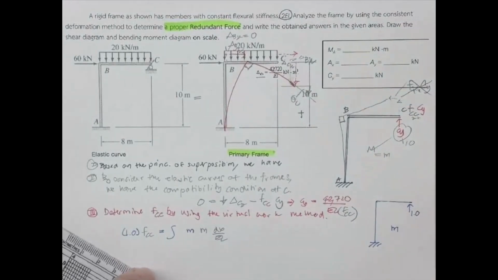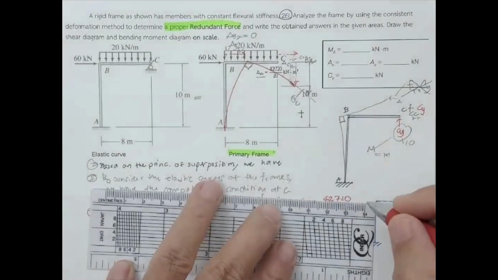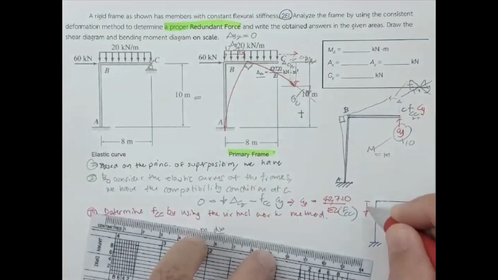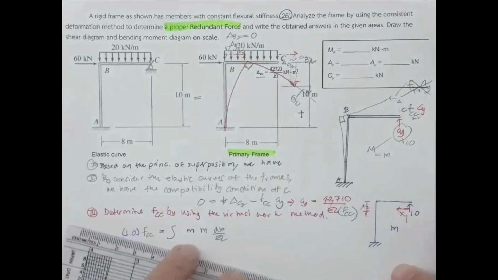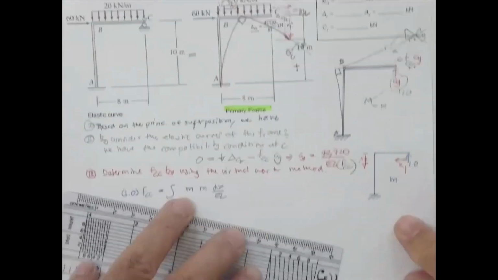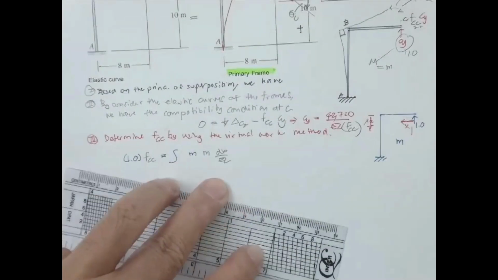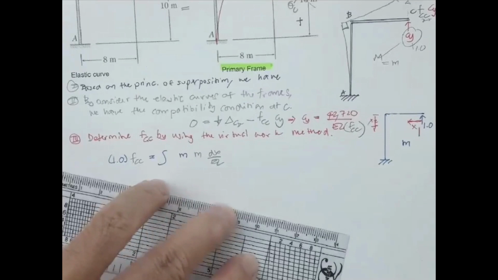Let me put this one to be x1. And you know, setting this one x2 is gonna be convenient, right? Why is it convenient? Because you don't need to determine the reaction.